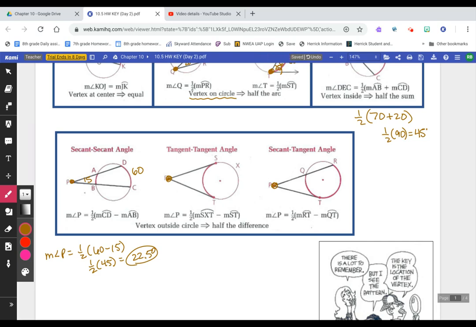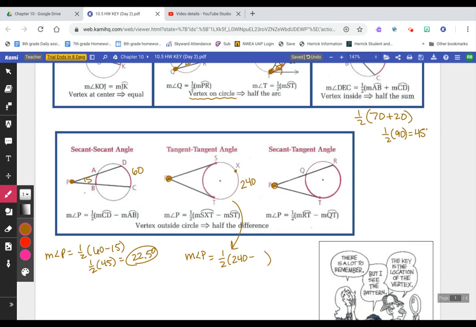Tangent-tangent is kind of unique because it's half the difference of two arcs, but truly those two arcs add up to 360. So let's do an example like this. Let's say I only gave you arc SXT, and I said this is 240. What is the measurement of angle P? Well, for this one, the measurement of angle P would equal 1/2 of 240 minus the other arc.